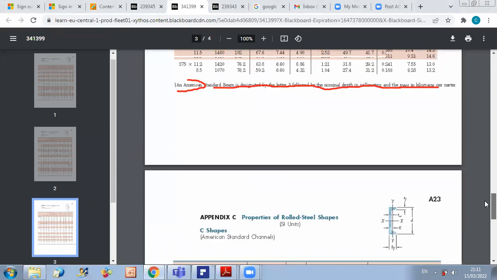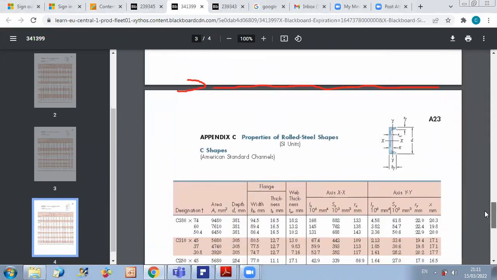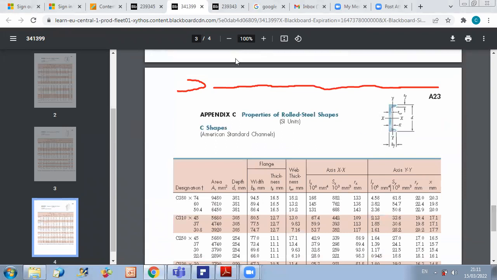So we have mainly W, S, and also C shapes. For C shapes, as the name indicates, the beam cross section is in the form of the letter C. And we use the same way of naming: you have the letter C first to refer to the shape, then the nominal depth, and then the mass per unit length.